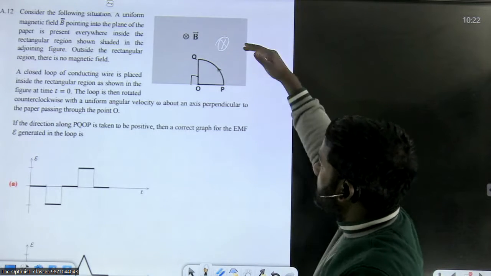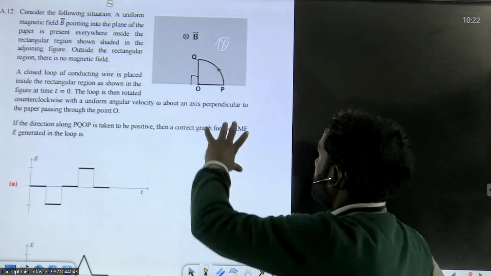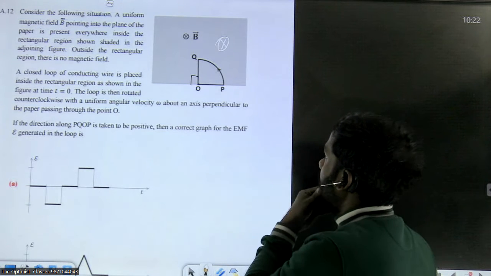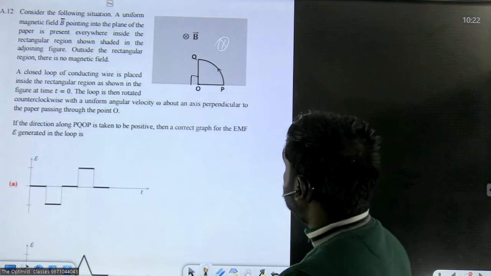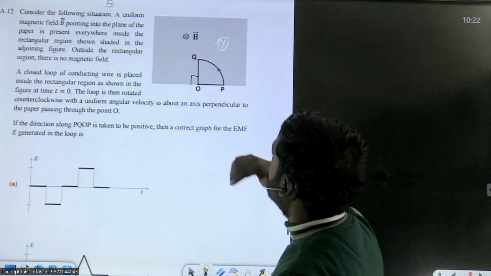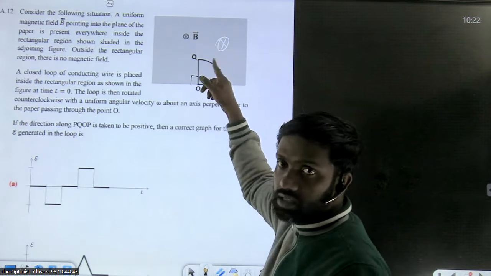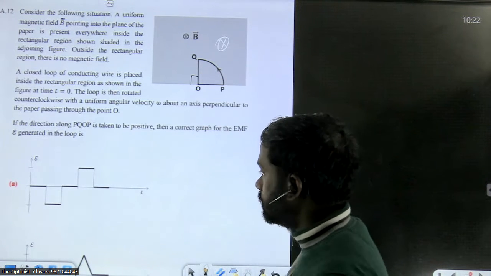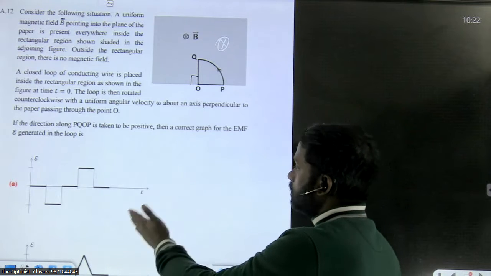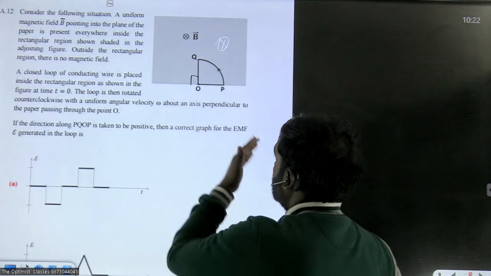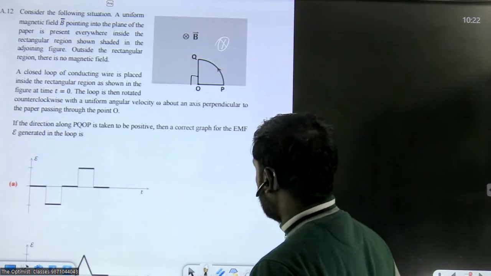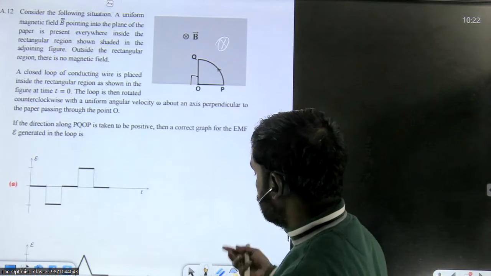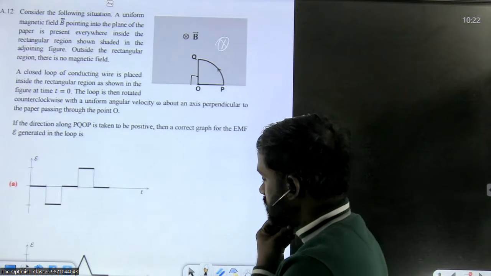When it is entering the magnetic field region, flux is increasing and we get positive EMF, because the direction of induced current is the same as the direction given here. So it goes 0, then negative, then 0, then positive, and again when it rotates inside the magnetic field, EMF will be positive.